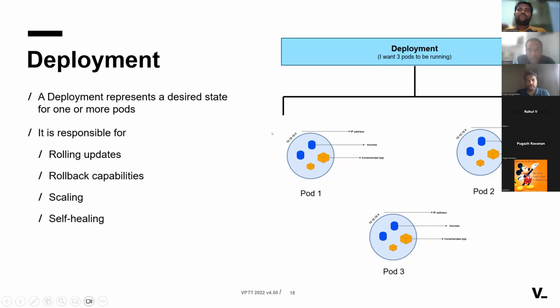Even if one pod becomes unhealthy, the Kubernetes master node will replace the unhealthy one with a fresh one. The Kubernetes deployment is also responsible for other tasks like rolling update and rollback, scaling, and self-healing.